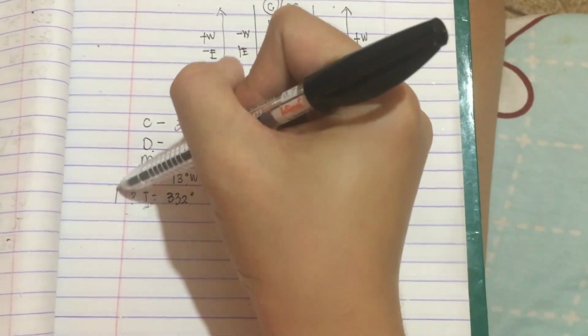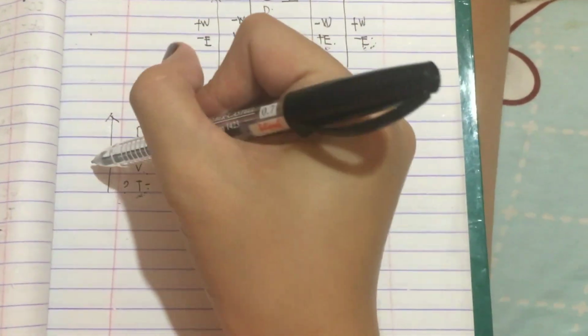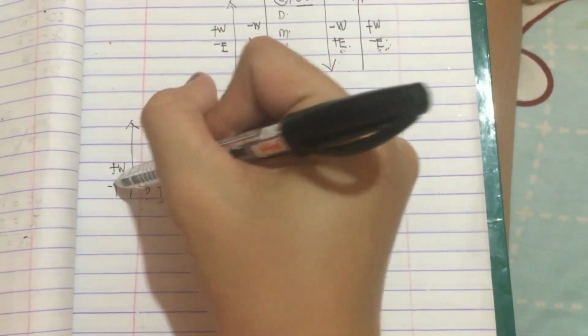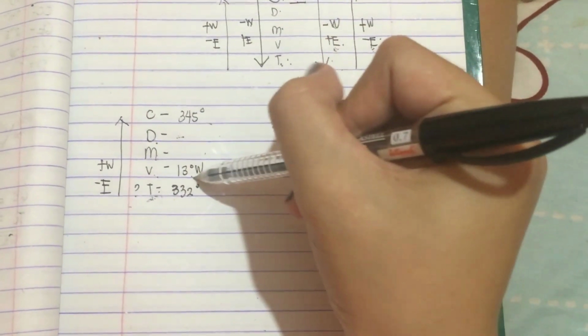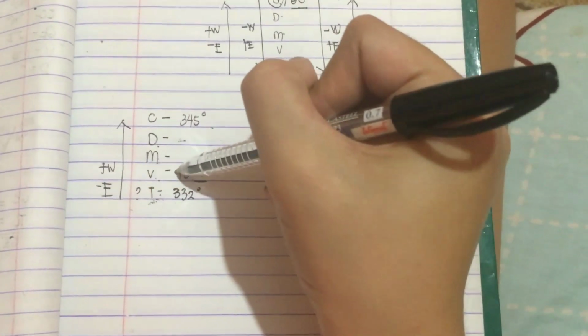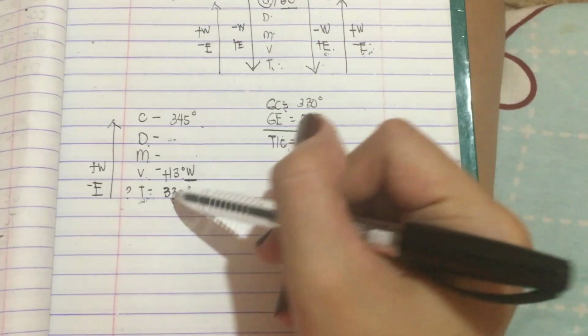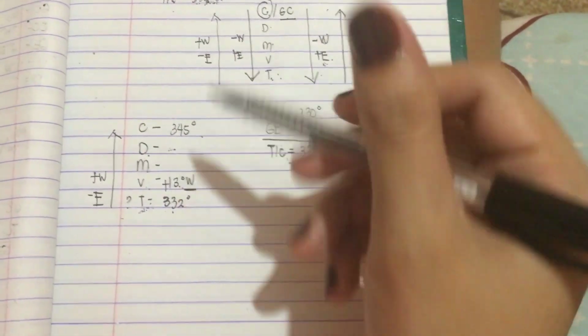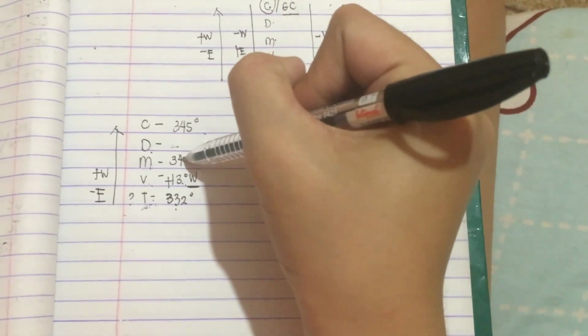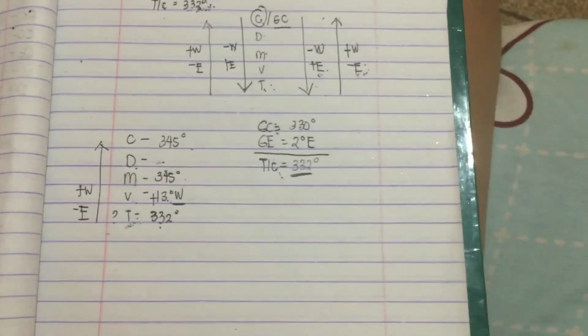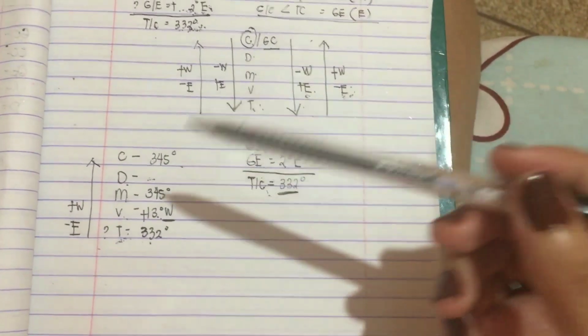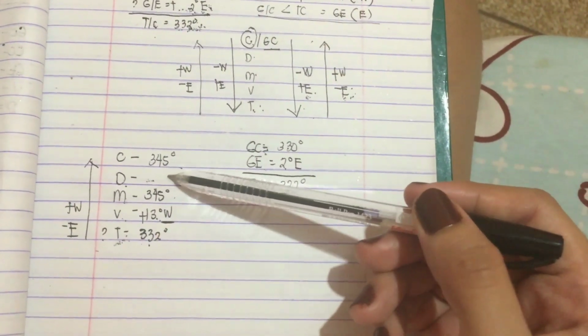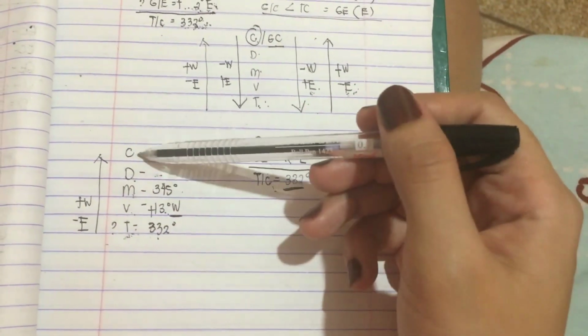Since the rule is true course to compass course, add westerly and subtract easterly, and since this is west, we should add. So 332 plus 13 is 345 degrees.